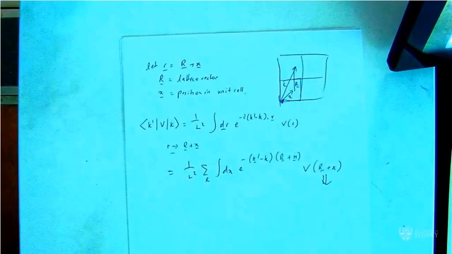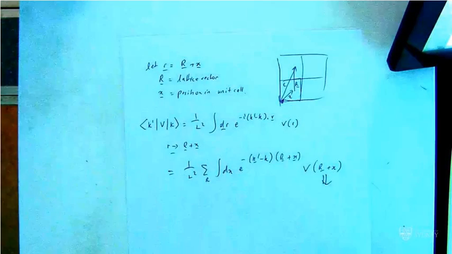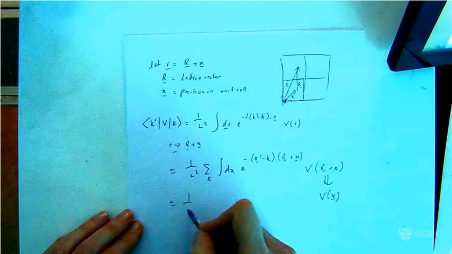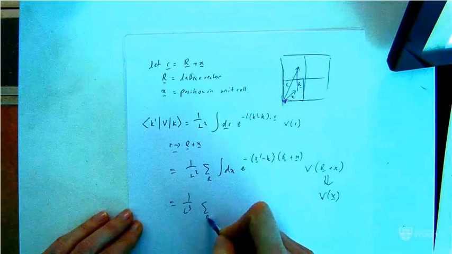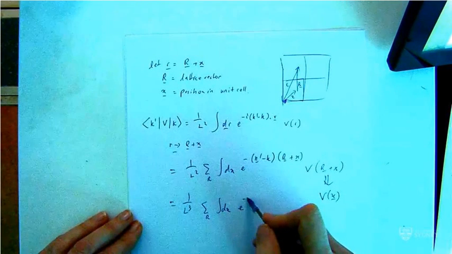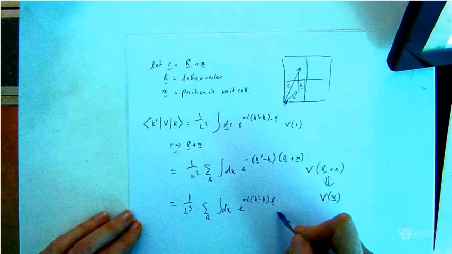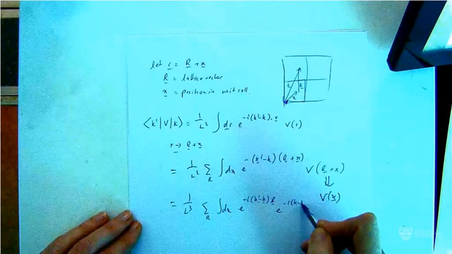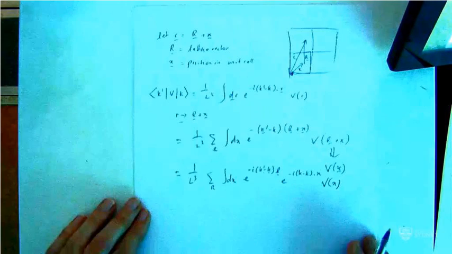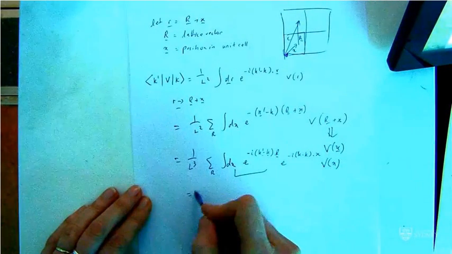We can just replace it with V of x, okay? And we can separate this out, and pull this part out of the integration because it doesn't depend on it.